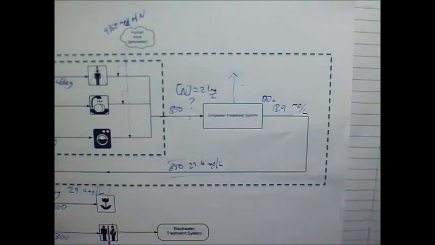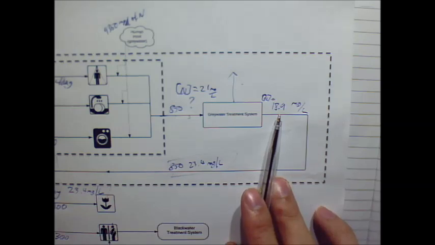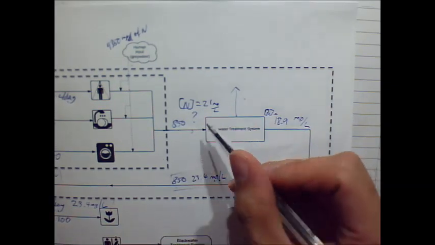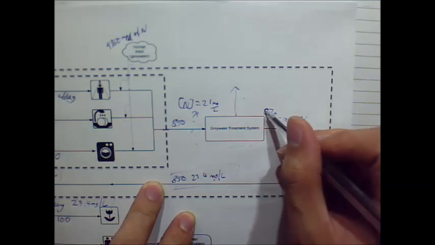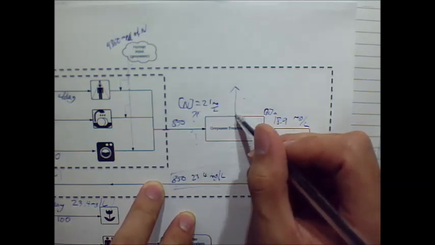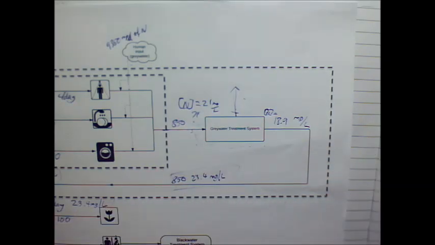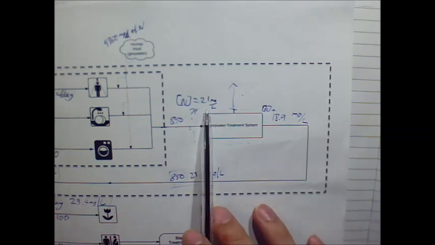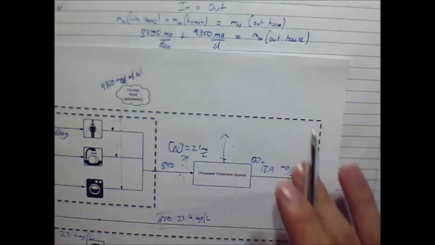Okay, so in the question, it asks us how much nitrogen needs to be removed. Well, we can see that we have 21 here, we have 18.9 here. Now again, you could do it if you wanted to show it all working out properly. You could draw another system boundary around the grey water treatment system and work out how much is coming out of this stream, because you've got input, output, and output. You can do the same thing with the mass balance and work it out. Or, since it's a pretty simple question, you can just have a look at this and go 21 minus 18.9.